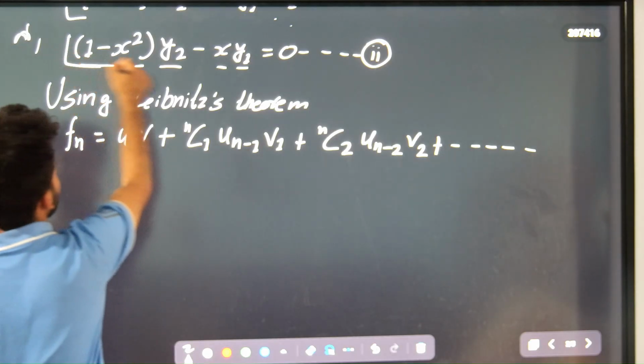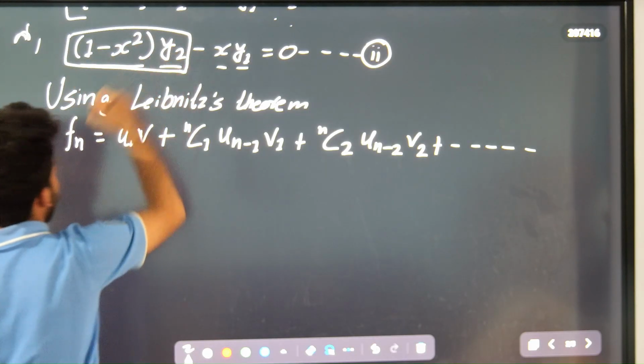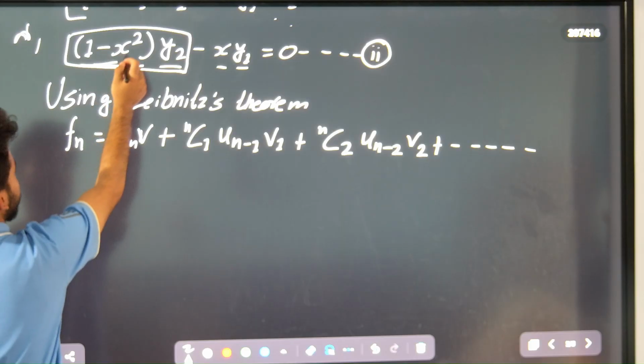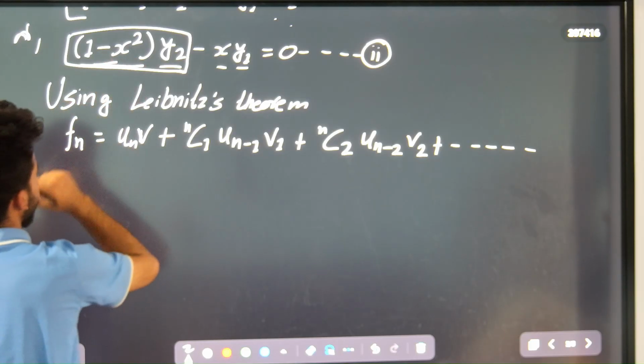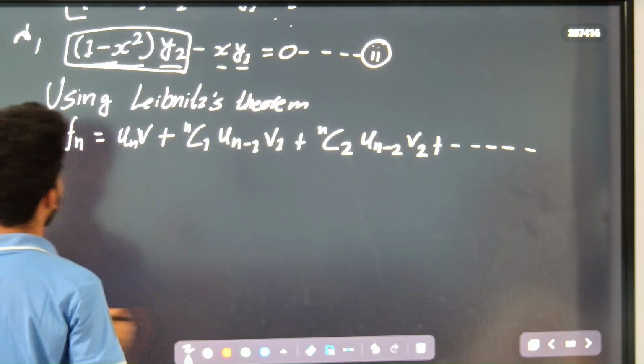So for this term we can take 1 minus x square as u and y2 as v.